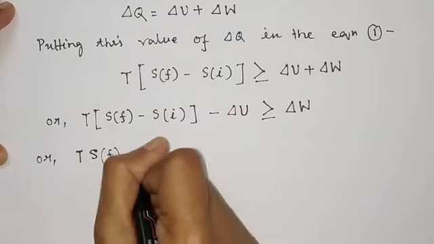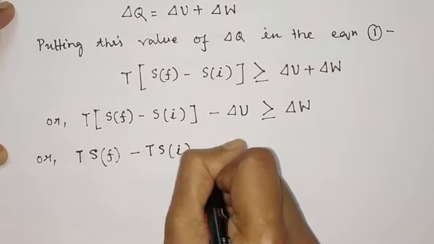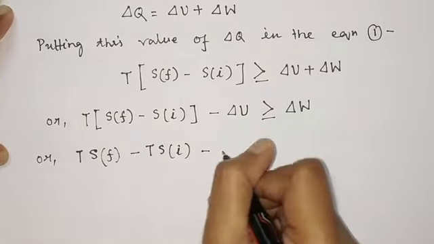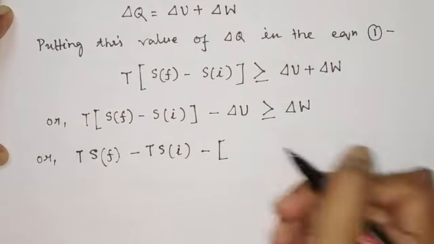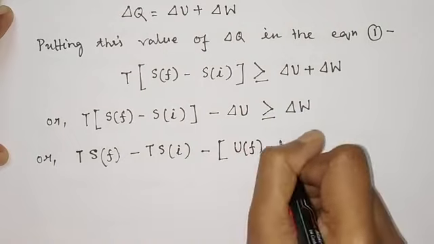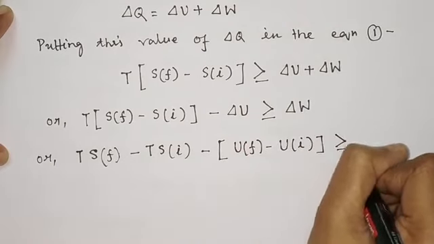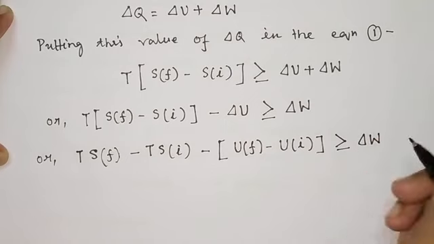So T SF minus T SI minus, now we'll put the value of delta U. We have already defined that delta U is UF minus UI, which is greater or equal to delta W.